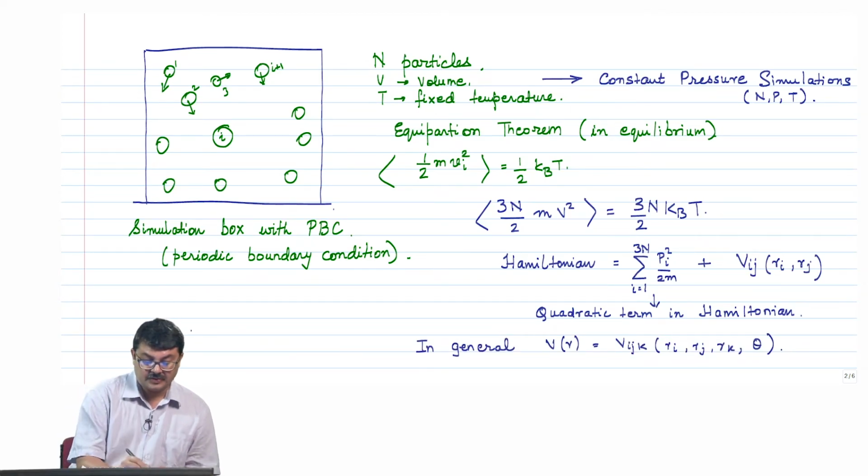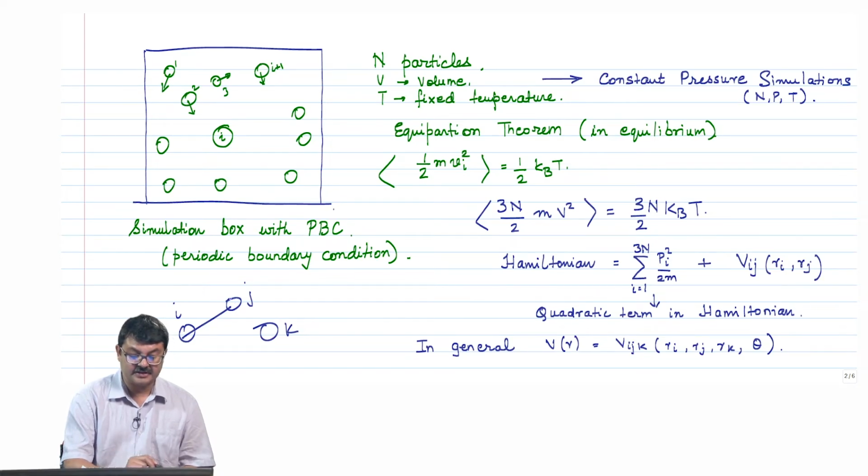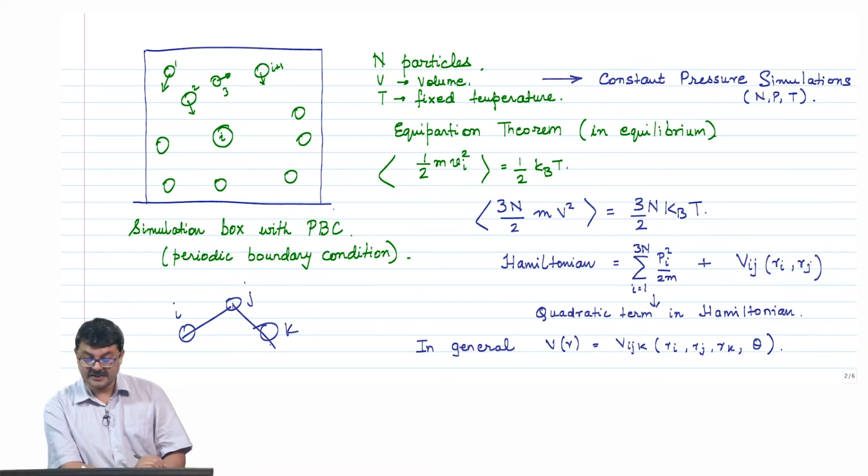vectors. Suppose this is a particle, this is a particle, this is a particle, and they are connected like this. This is i, this is j, and this is k, and then you have the vector ri minus rj, and another vector like this.